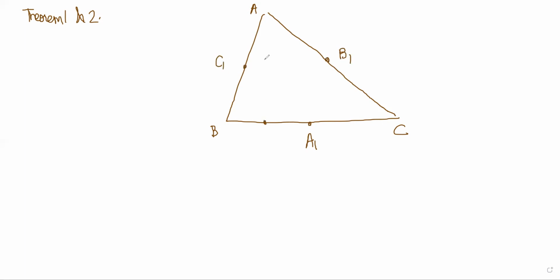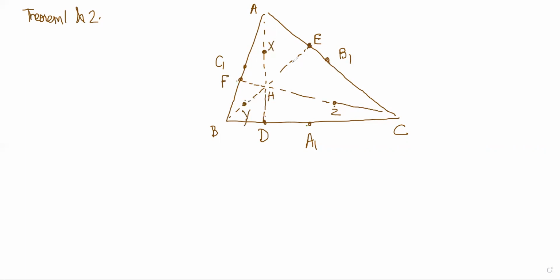We have the feet of the perpendiculars D, E, and F. And if this is the orthocenter, we have a midpoint here, X, a midpoint here, Y, and a midpoint here, Z. So we have these points 1, 2, 3, 4, 5, 6, 7, 8, and 9.